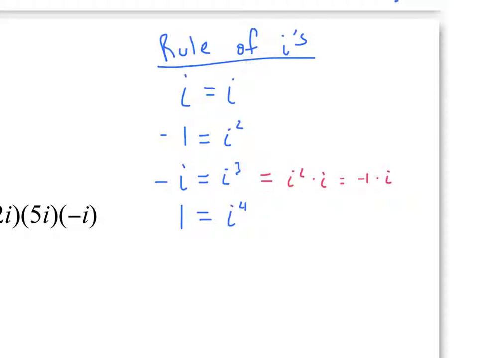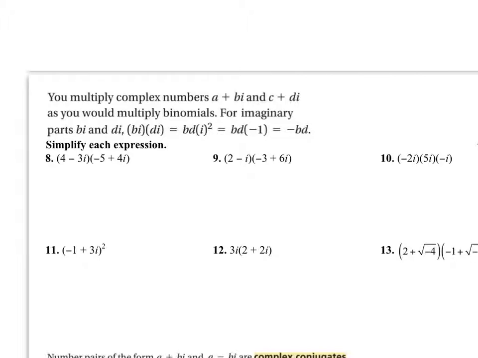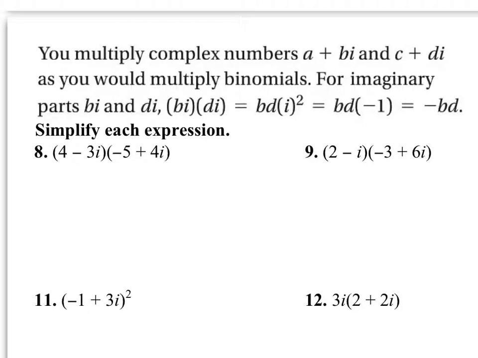Let's go ahead then and take a look at what we're doing today that's new, which is multiplying complex numbers. The nice thing about this is we've done the pattern before. It's the same as multiplying binomials, because complex numbers look like binomials.